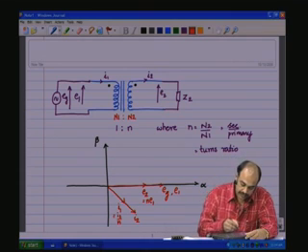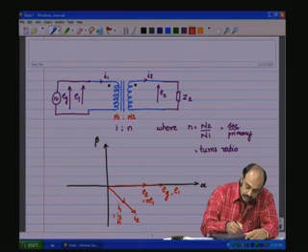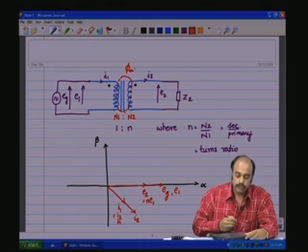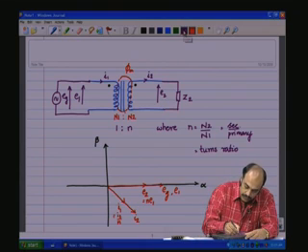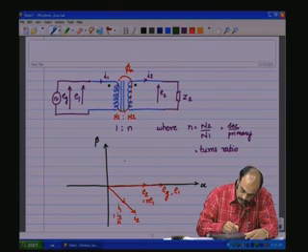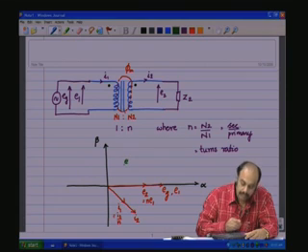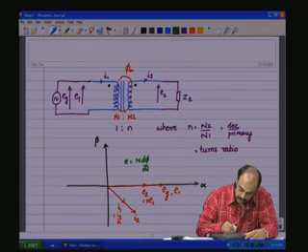Then we also noted that inside the core there is a flux linking phi m, and from Faraday's law we see that the induced EMF is equal to N d phi by dt, which is equal to N j phi m.